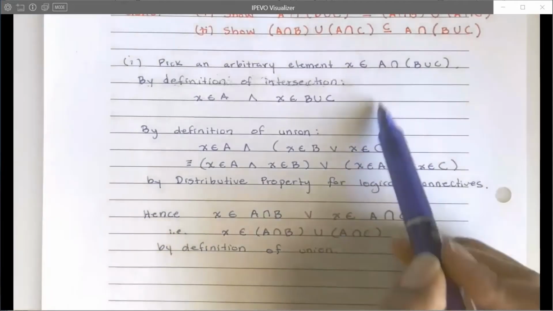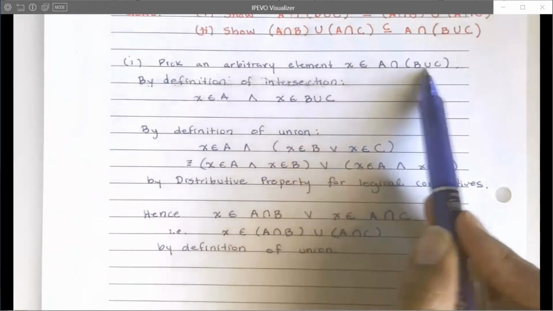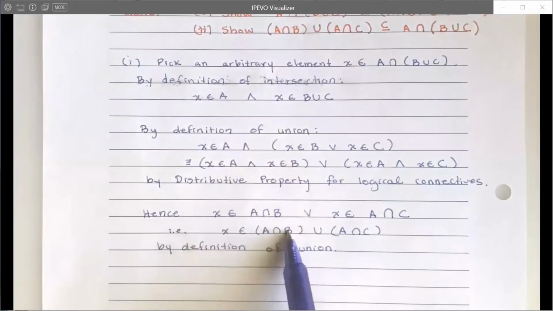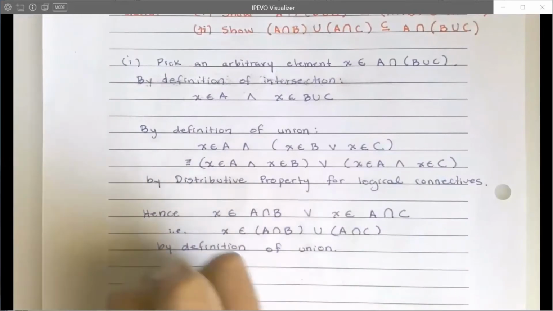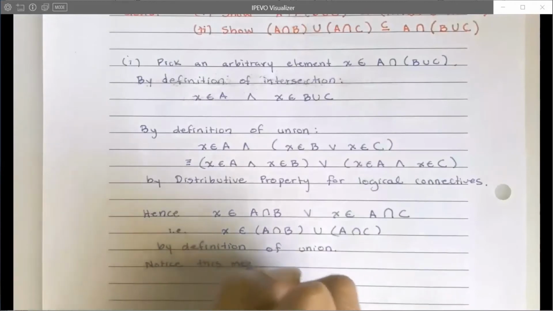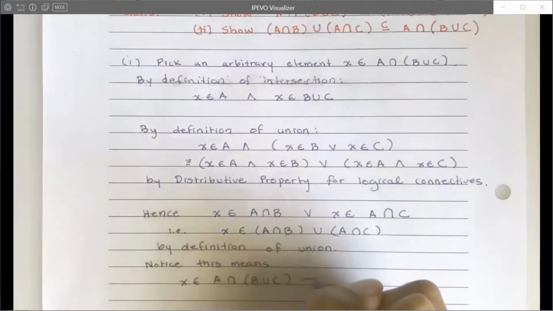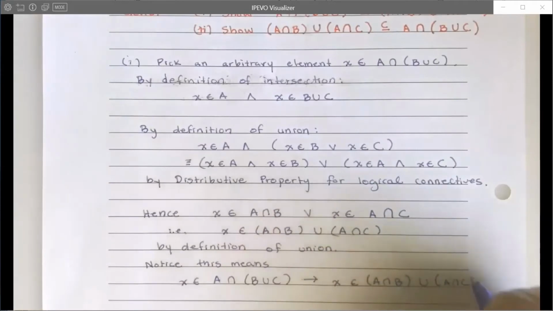We've shown that if x is an element of A intersect (B union C), then it ends up also being an element of (A intersect B) union (A intersect C). Okay, so notice, this means that if x is in A intersect (B union C), then x will be in (A intersect B) union (A intersect C).